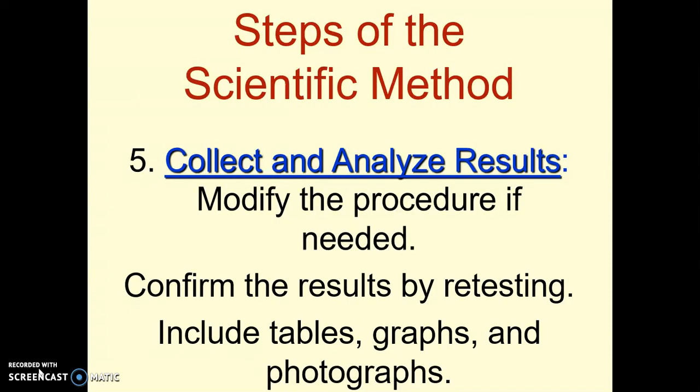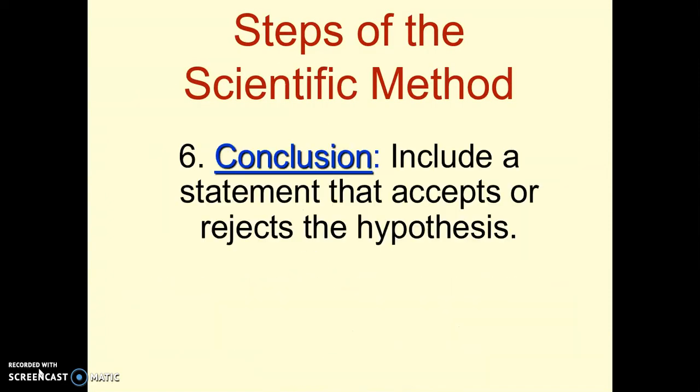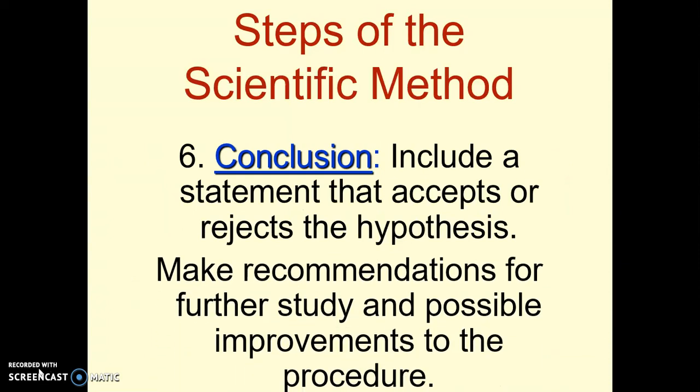So you collect and analyze different data and check whether, if we create an artificial biosphere outside Earth, it is possible to support life or not. Based upon the different data, you include a statement that accepts or rejects the hypothesis.